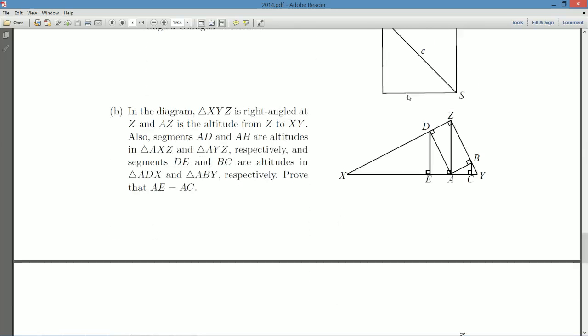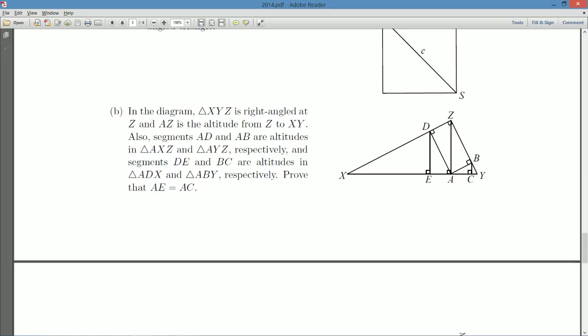So, B. In the diagram, triangle XYZ is right angled at Z, and AZ is the altitude from Z to XY. Also, segments AD and AB are altitudes of AXZ and AYZ, respectively.